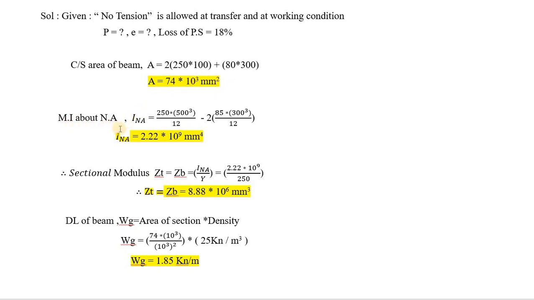Moment of inertia about the neutral axis, that is INA. How to find this INA? Here I have two different parts, a first part and a second part. In the first part, please observe here, I will explain about this. Usually the moment of inertia formula for a rectangle section is standard, that is BD cube by 12.